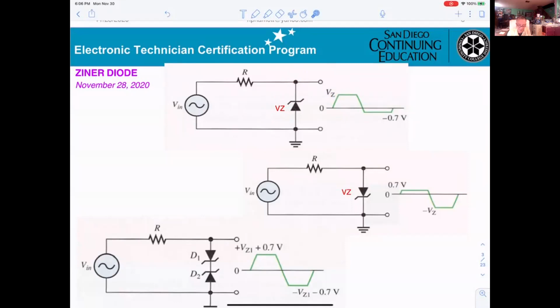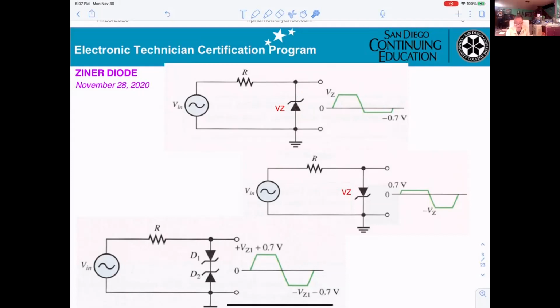However, when you get a negative cycle, that means negative here, ground here, the Zener is just on normally. And that's why you get plus minus 0.7. Got it. Thank you. Okay.